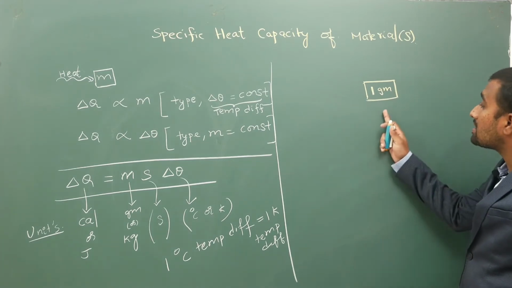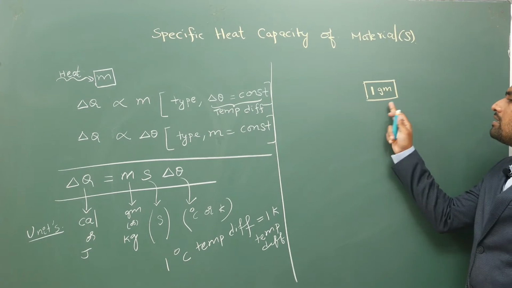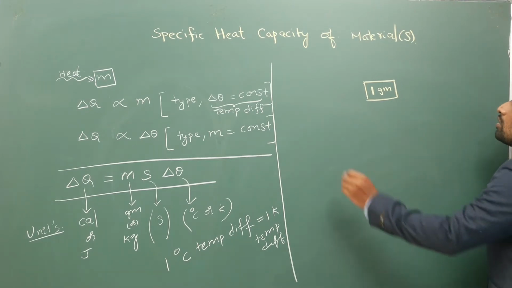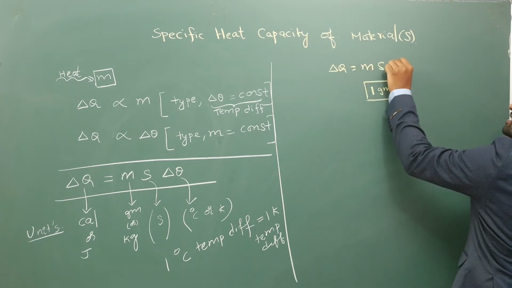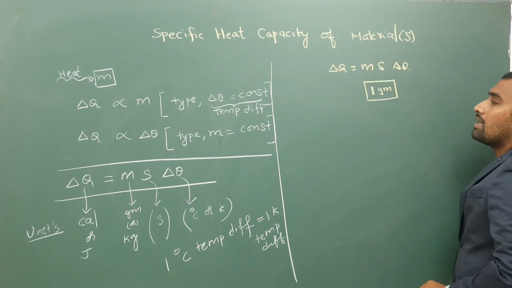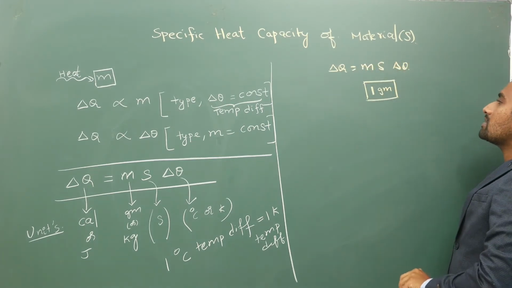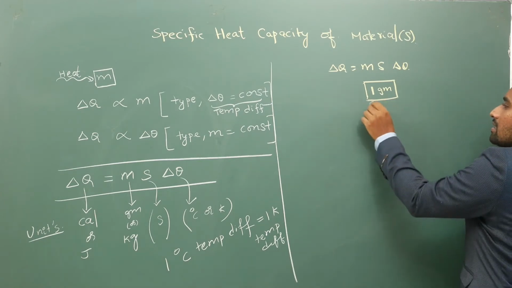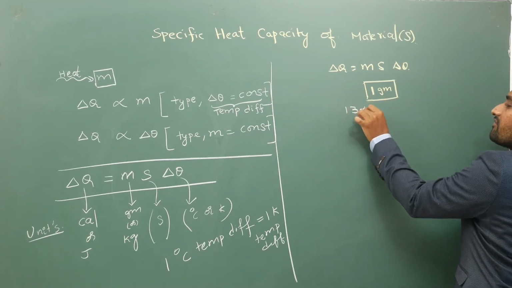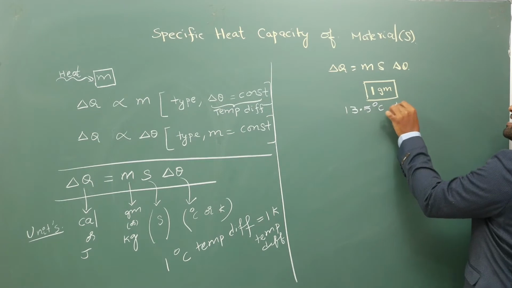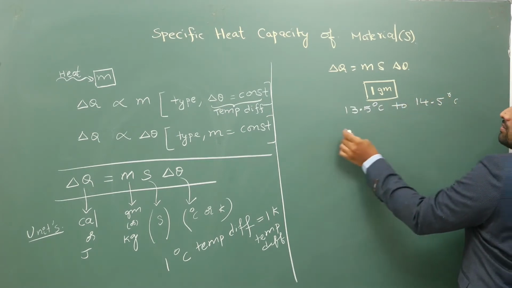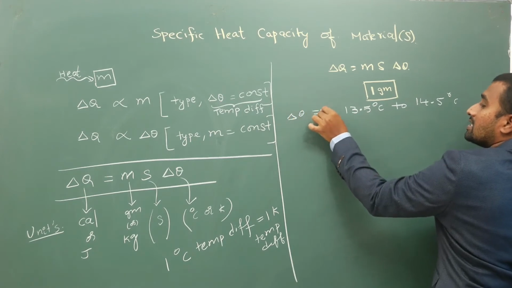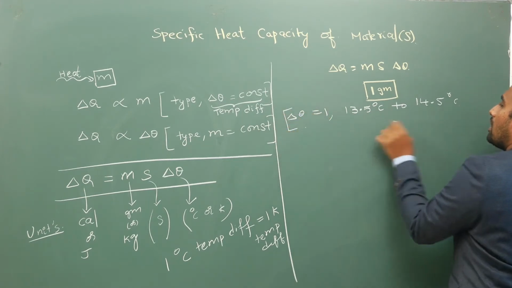If you want SI unit, take kg, no issues. So your definition is delta Q equal to m into S into delta theta. Now if you take 1 gram of substance and change the temperature from 13.5 degrees centigrade to 14.5 degrees centigrade, your delta theta is equal to 1.